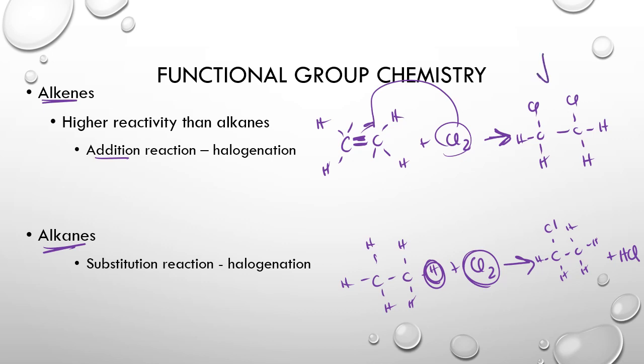Notice that there's only one product in the addition because I added the chlorines to that ethene molecule. Here we're trading places. The substitution reaction of the alkanes requires energy in the form of UV radiation. This reaction with the alkenes is quite spontaneous, so we don't need to do a whole bunch to get this to go.